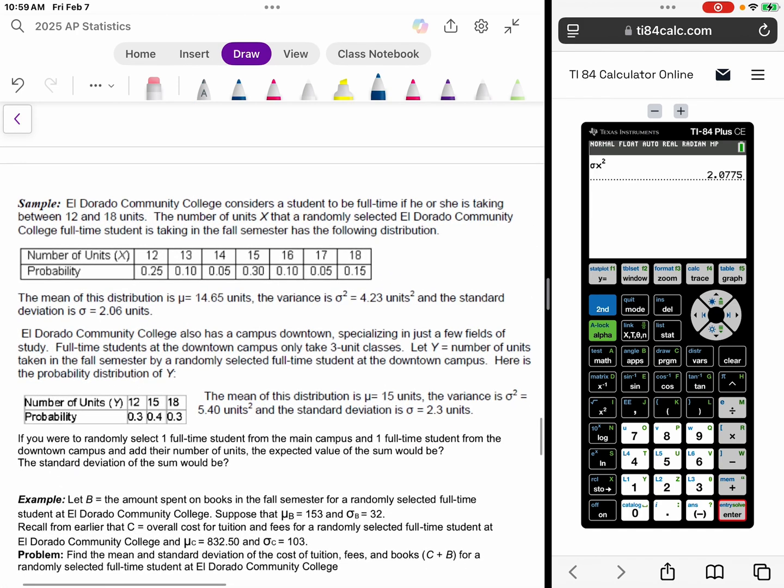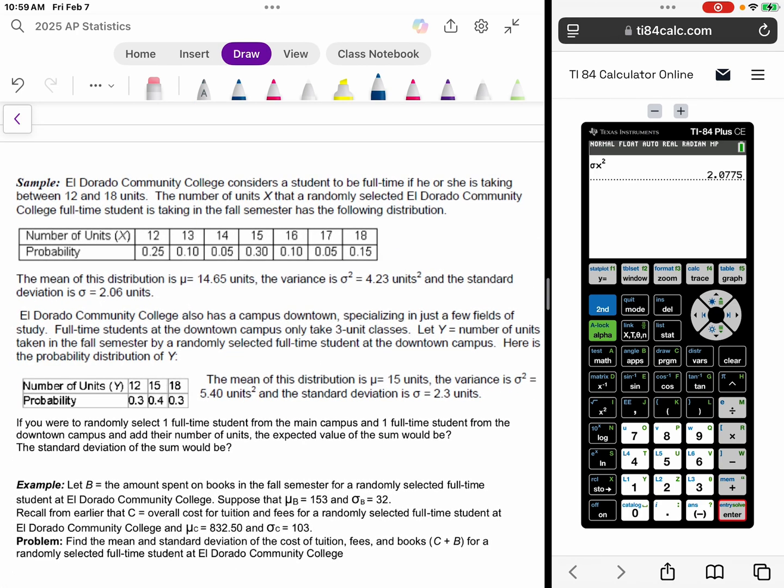Back to El Dorado. Now, we're not going to have to really type in a lot of this stuff because we're learning about these transformation things, so we should be getting a good gist of it. The EDCC considers a student to be a full-time student if he or she has taken between 12 and 18 units of classes. The number of units X that a randomly selected student at El Dorado Community College is taking in the fall semester has the following distribution.